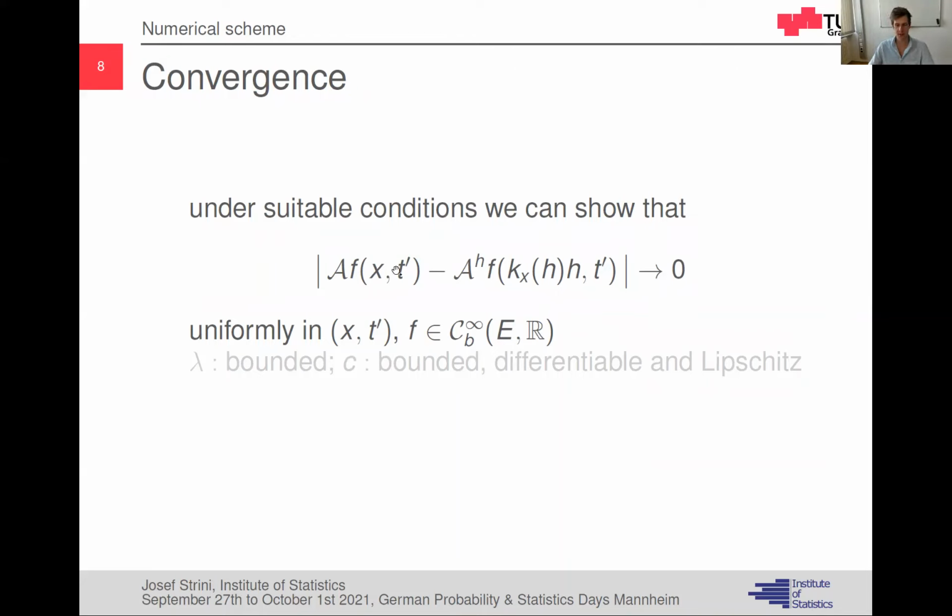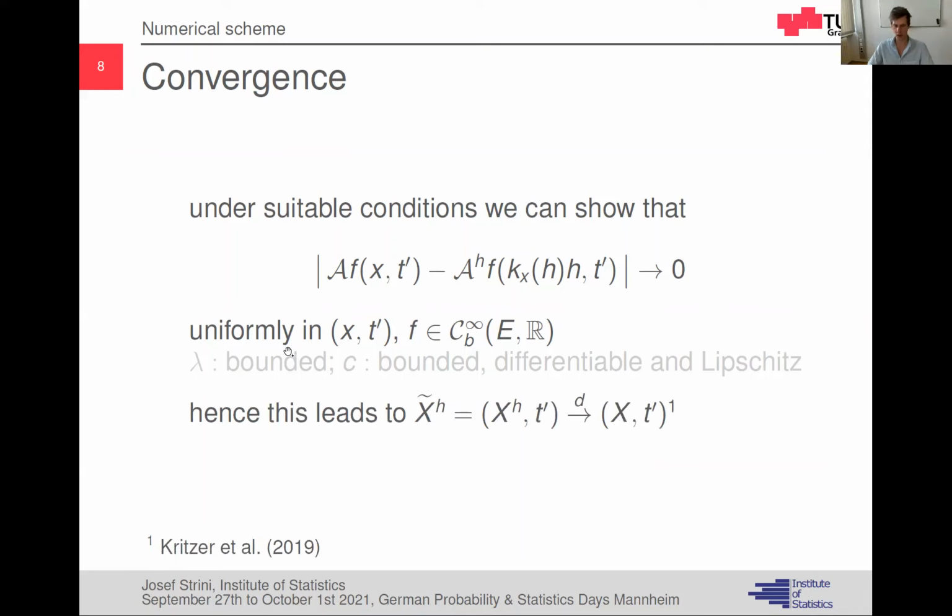We approximate the infinitesimal generator A by the generator A_h, where we just use finite differences and a finite or discretized version of the integral to approximate this infinitesimal generator. And we can show under suitable conditions that this difference tends to zero uniformly in x and t prime, which leads to the convergence of the underlying processes.